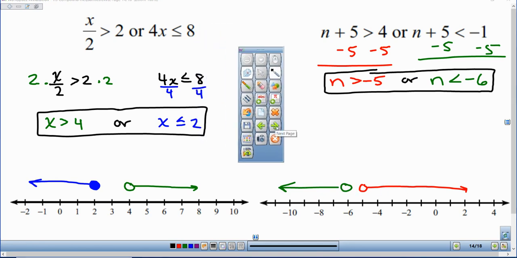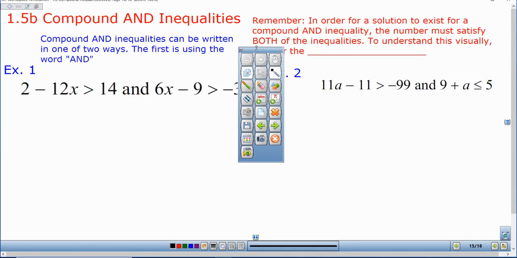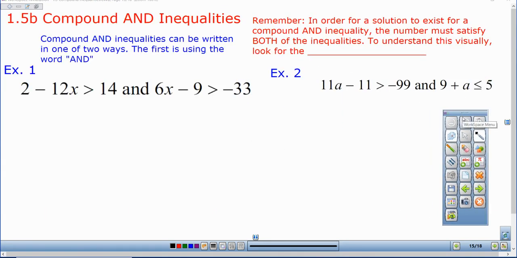So let's go to this idea of and. And, remember, is going to be us finding the numbers that satisfy both of these. You're not good enough if you just satisfy this one or if you just satisfy this one. So we want to find out the numbers that are the solutions to the first inequality. Which I would do by subtracting 2.